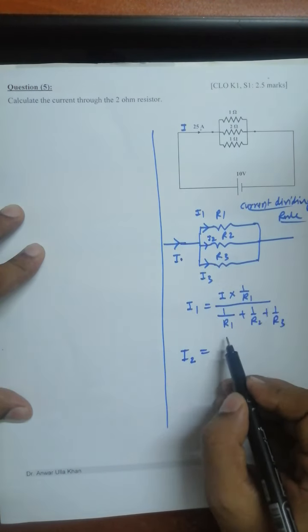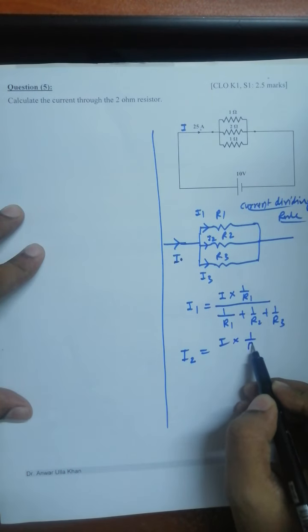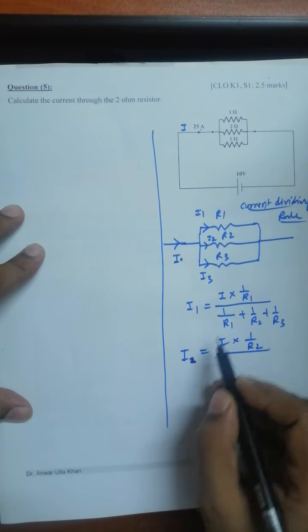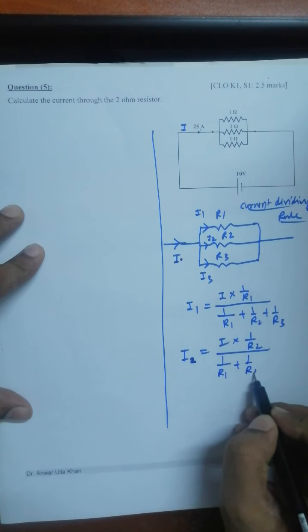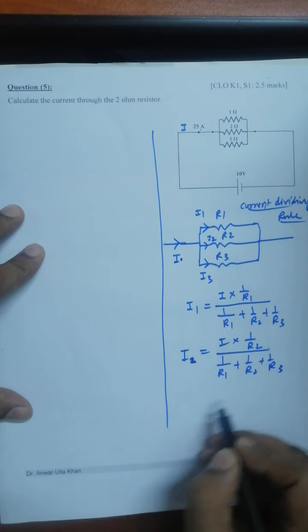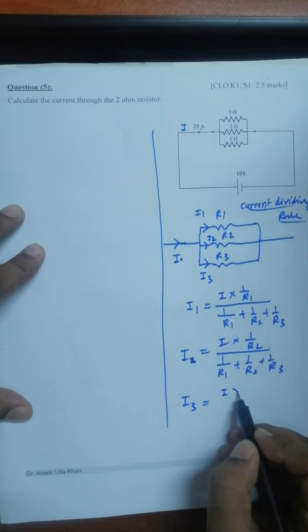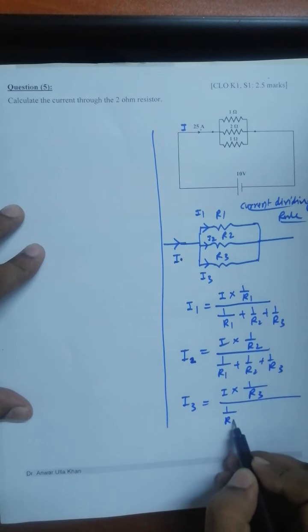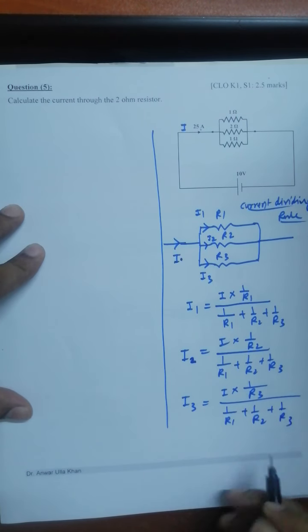So I2 will be total current I multiplied by 1 divided by R2, because you need to calculate the current in R2, divided by 1 by R1 plus 1 by R2 plus 1 by R3. In the same way you can calculate I3 also. So I3 will be I multiplied by 1 divided by R3, divided by 1 divided by R1 plus 1 divided by R2 plus 1 divided by R3.